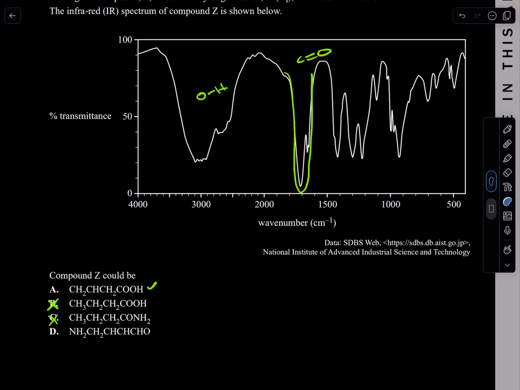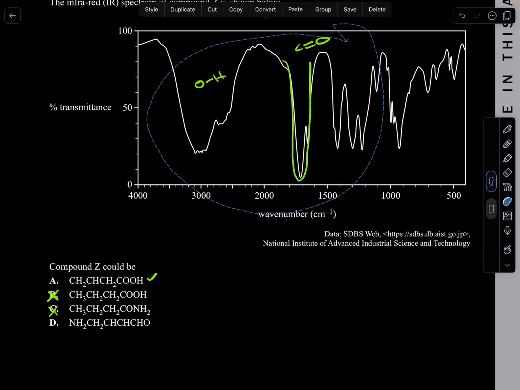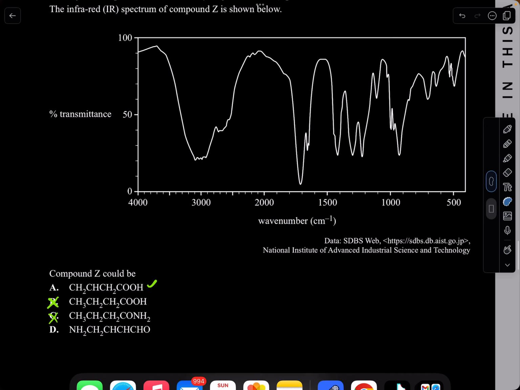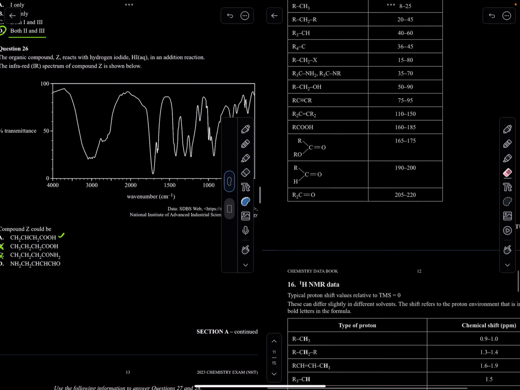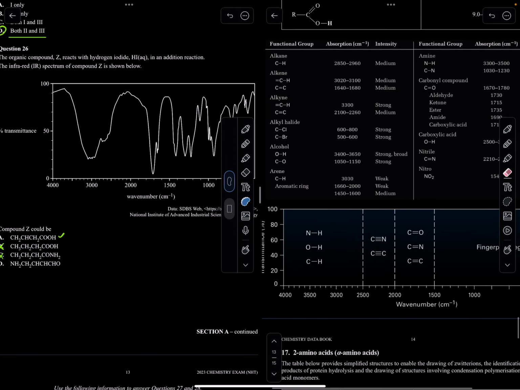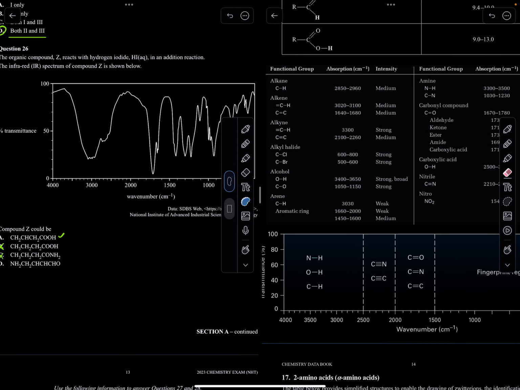Now, if you were in this exam and you haven't memorized it, it's okay because you have them in your data book. In my data book, I've placed this nice figure, which is not in your data book, but have a look at it.